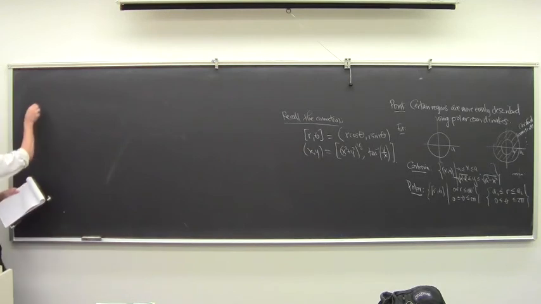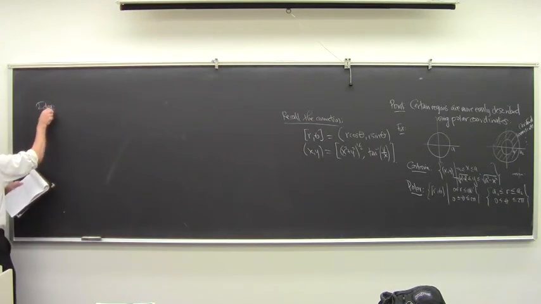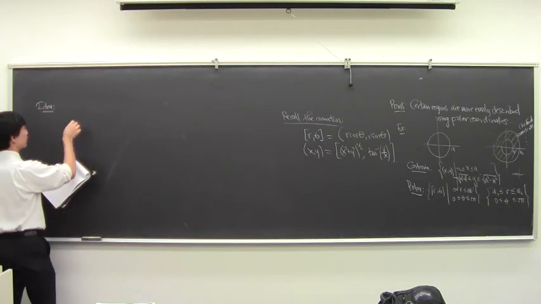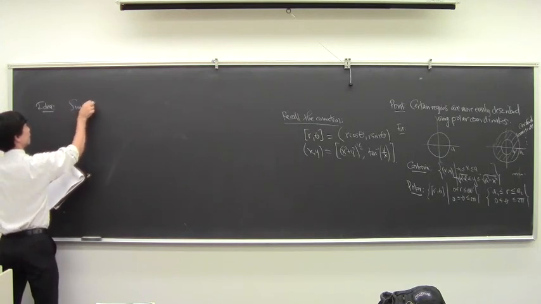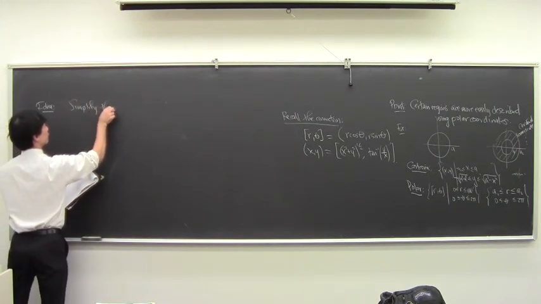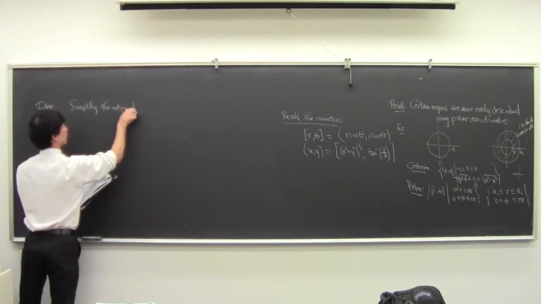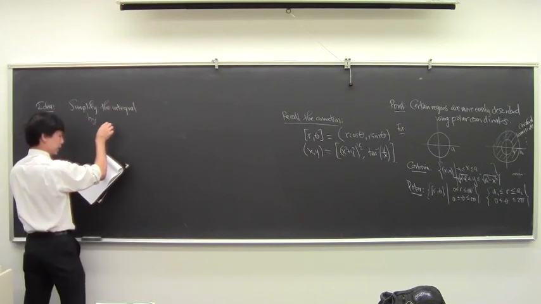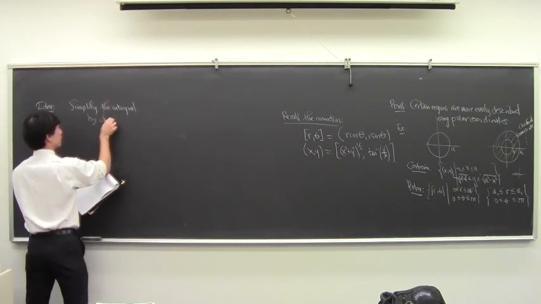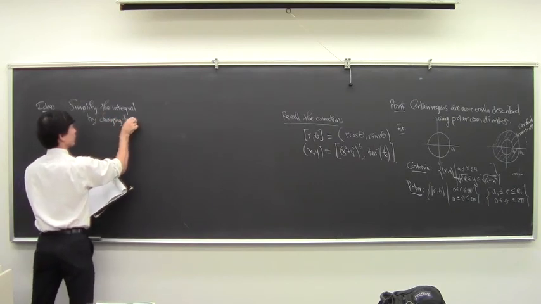So here's the idea: simplify the integral by changing to polar coordinates.